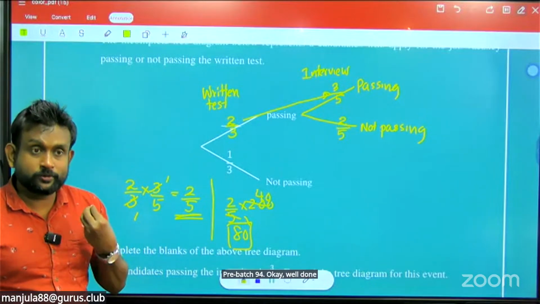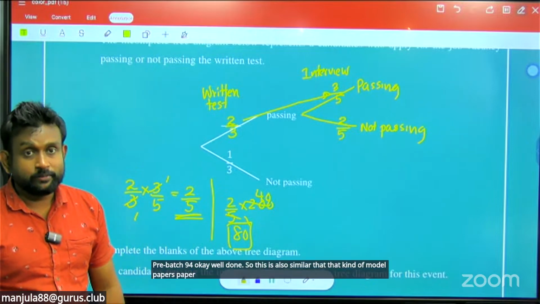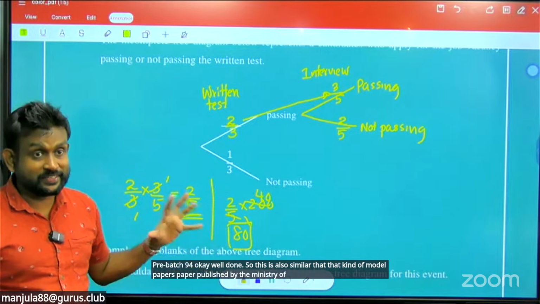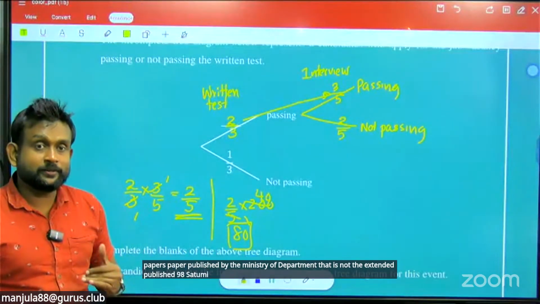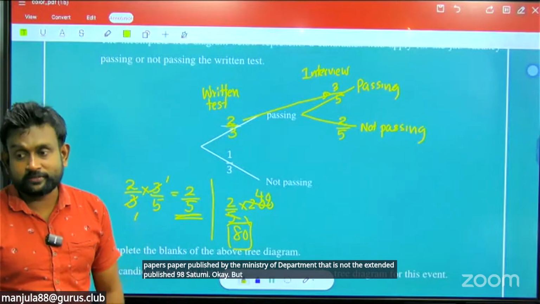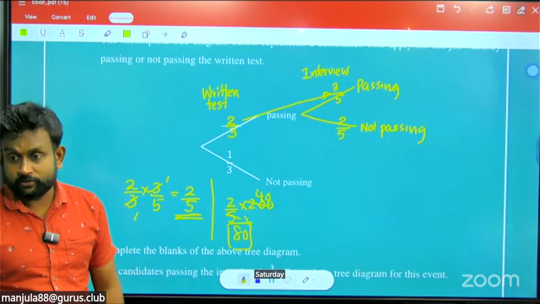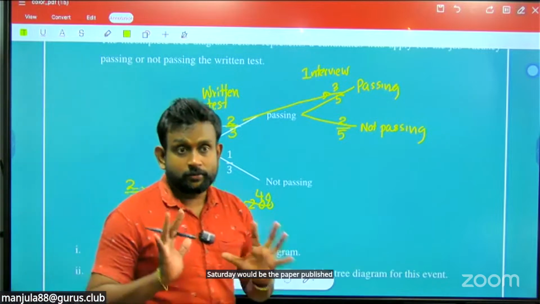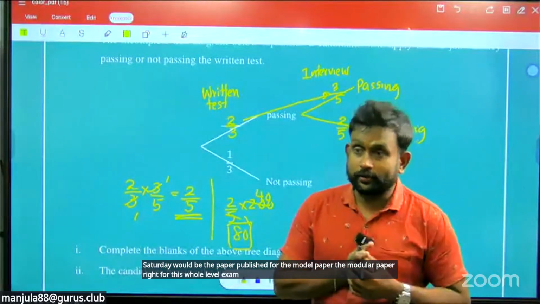So this is also a similar kind of model paper published by the Department. That is not the standard published one. Satumi 98, okay. But the paper we are going to discuss this Saturday is the model paper published by the department for this O-level exam. We will completely cover it.